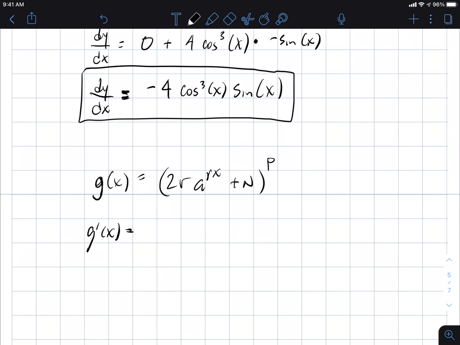So g prime is going to be p times (2a^(rx) plus n) to the p minus 1, times 2, and then a to the rx is going to be a to the rx ln of a times r.